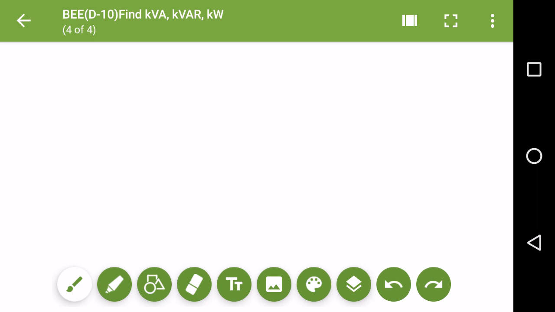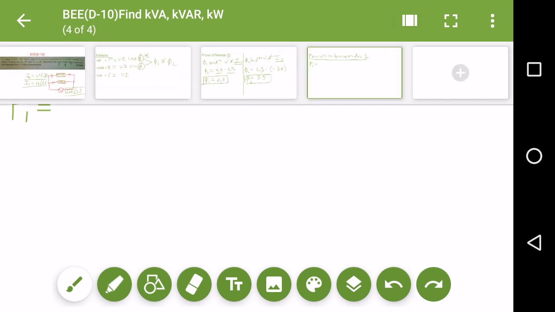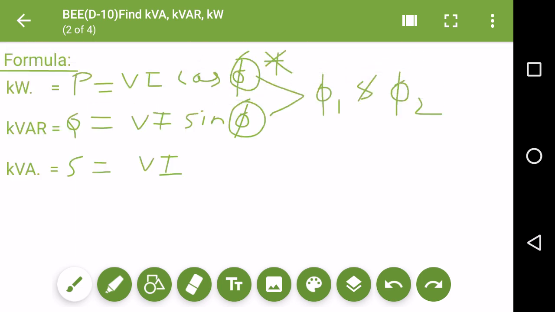So to find P1, the branch power in branch 1, I will write power in branch 1. Power in branch 1, P1, is given as, we know the formula of P1, you can see over here.